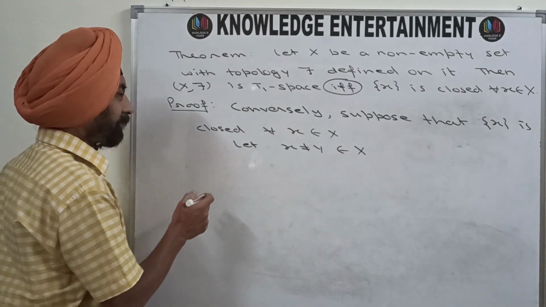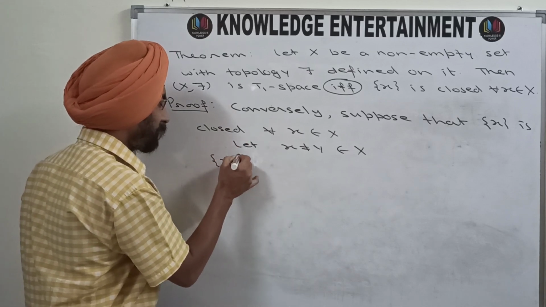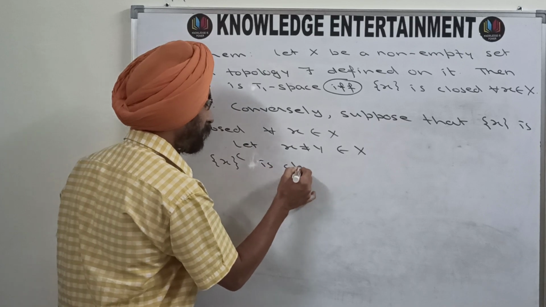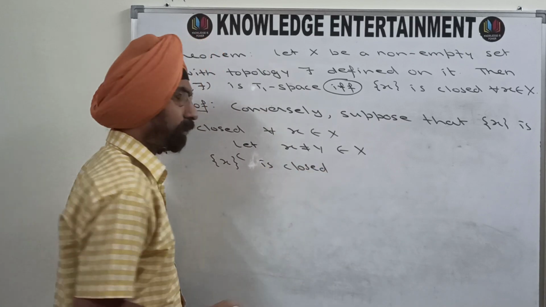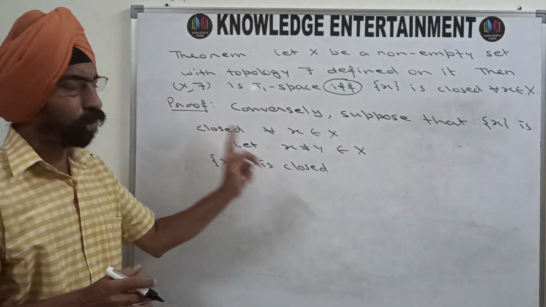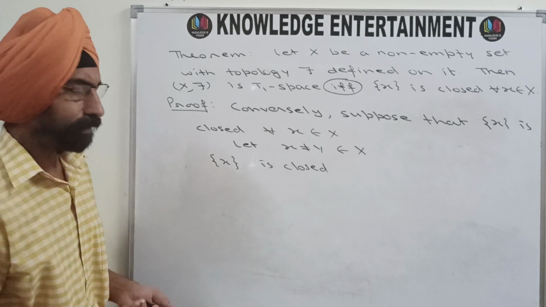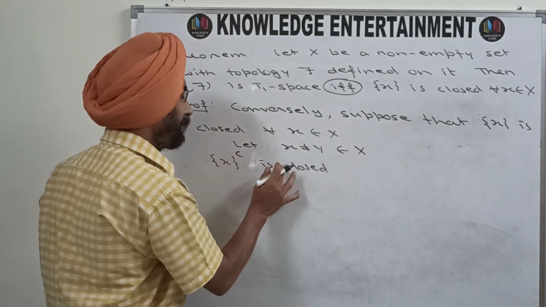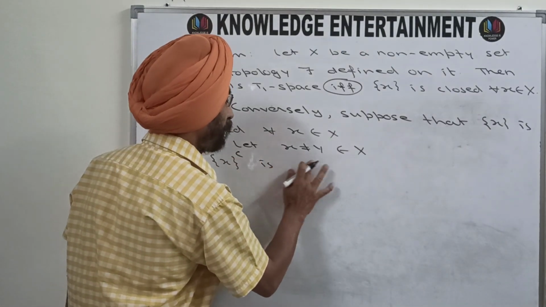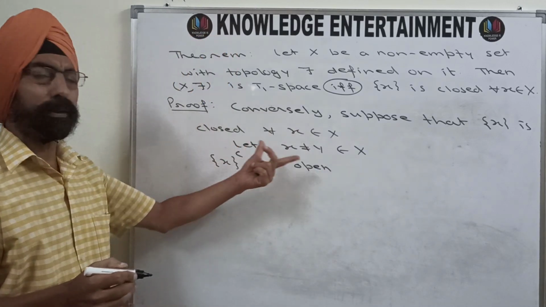Now note that we are given that singleton set X is closed. This set is closed, that means its complement will be open. I am going to make a change here. So the complement of singleton set X is open.